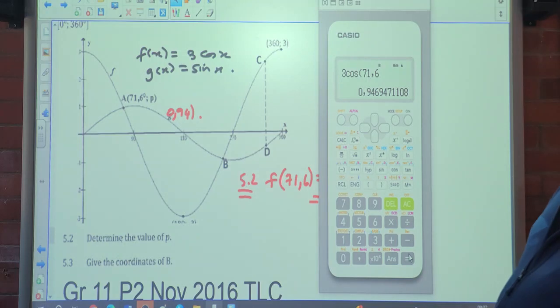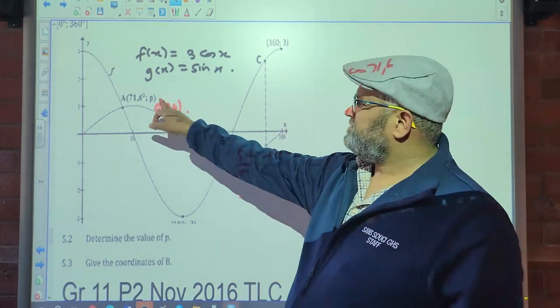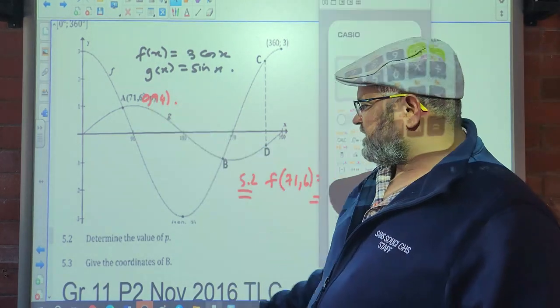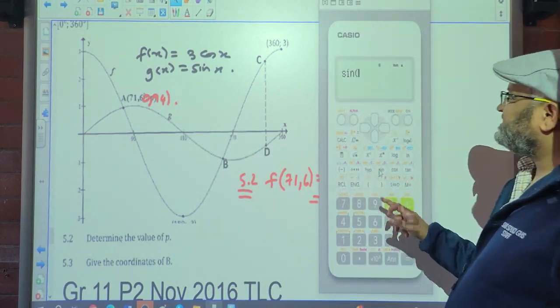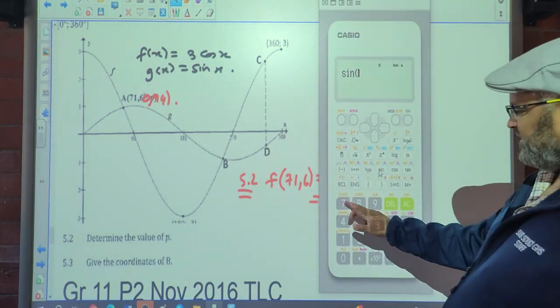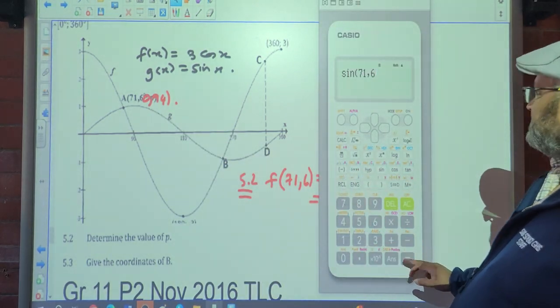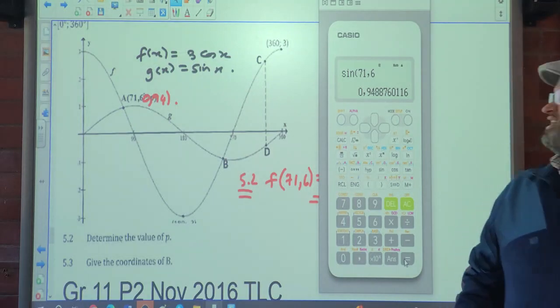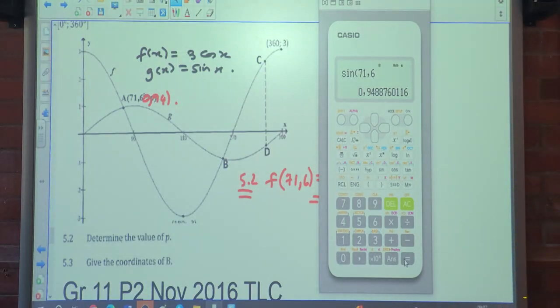That will be 0.94. Or if you had substituted into the other one, which is sin 71.6, it gives you 0.9495. So I think I will do 0.94.